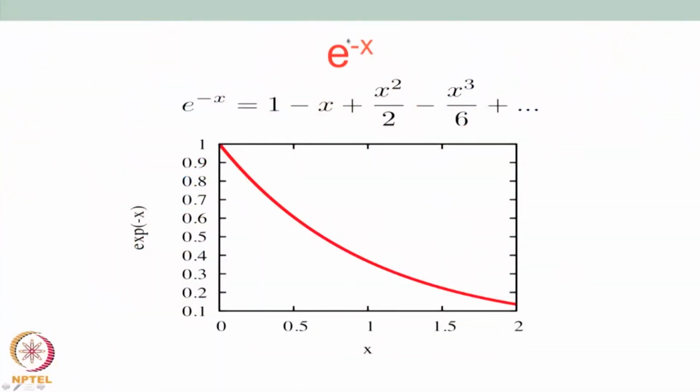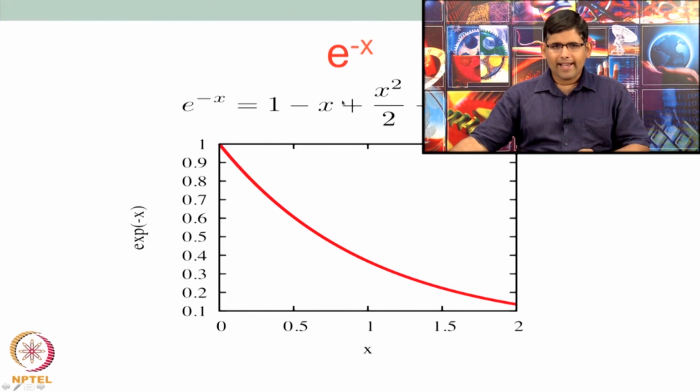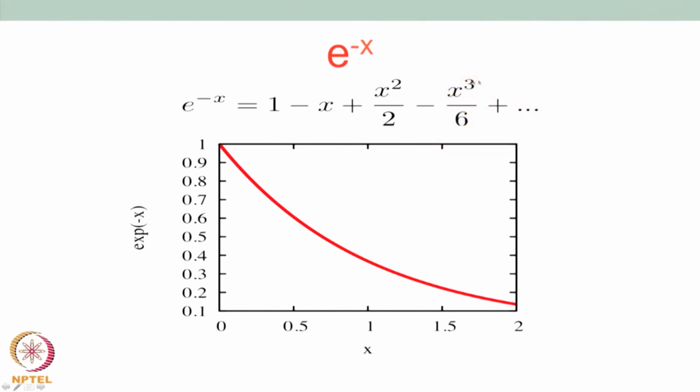So the first function is e power minus x. We learned e power x, now e power minus x. The expansion of e power minus x can be written as 1 minus x plus x square divided by 2 minus x cube divided by 6 plus many other terms. So again, this is also an infinite series. And when you put x equal to 0, the other terms are 0, and e power minus x is 1.